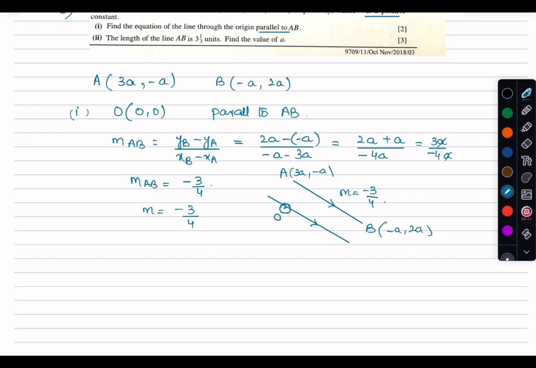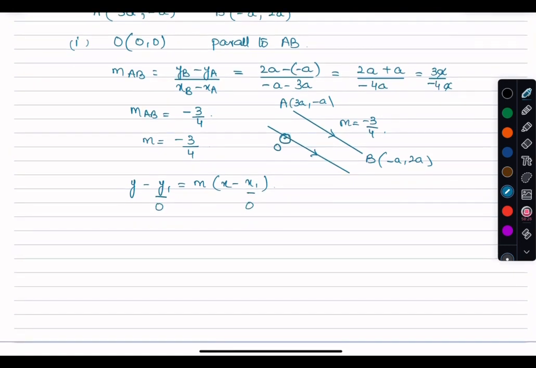So the equation of the line is y minus y1 equals the gradient times x minus x1. Passing through the origin, y1 and x1 need to be 0. So I can simply say that the equation of this line is y equals negative 3 by 4 x.